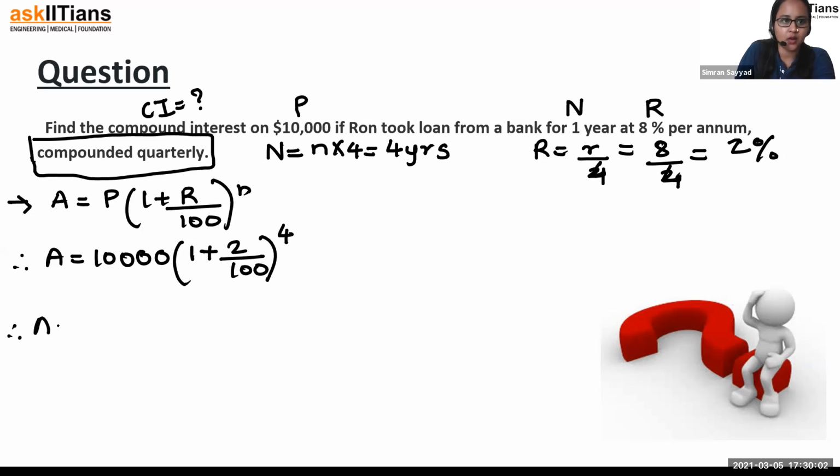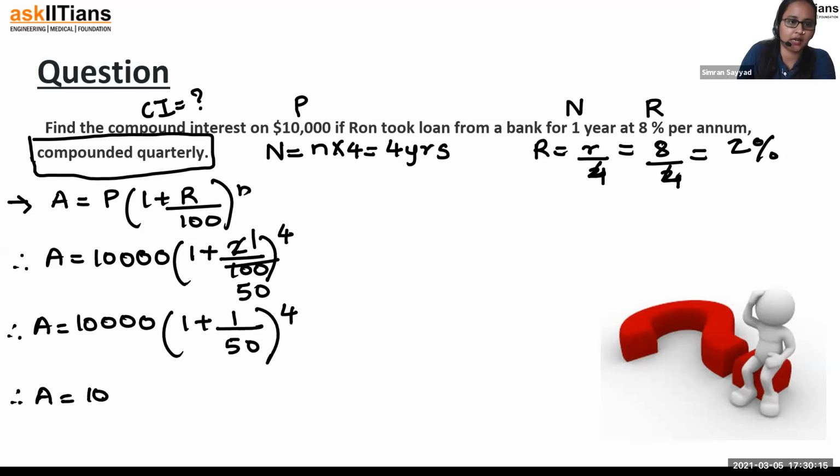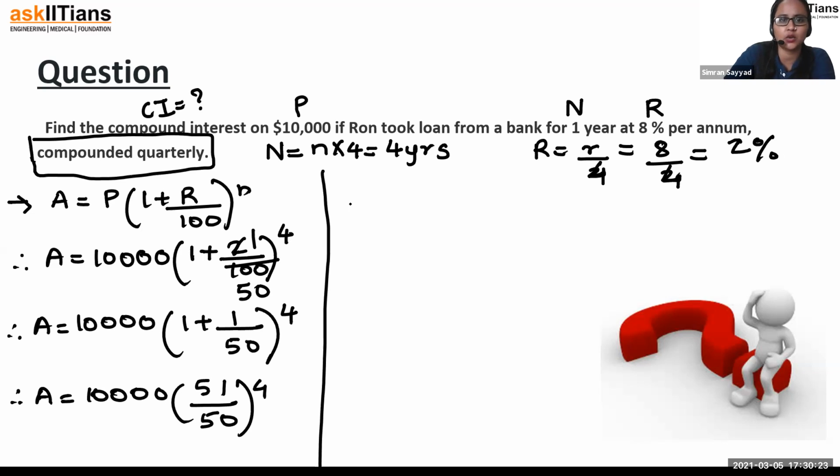Therefore, amount is equal to 10,000. This becomes 1 by 50. So 1 plus 1 by 50 raised to 4. Therefore, A is nothing but 10,000 into 51 by 50 raised to 4. It's only calculation again.